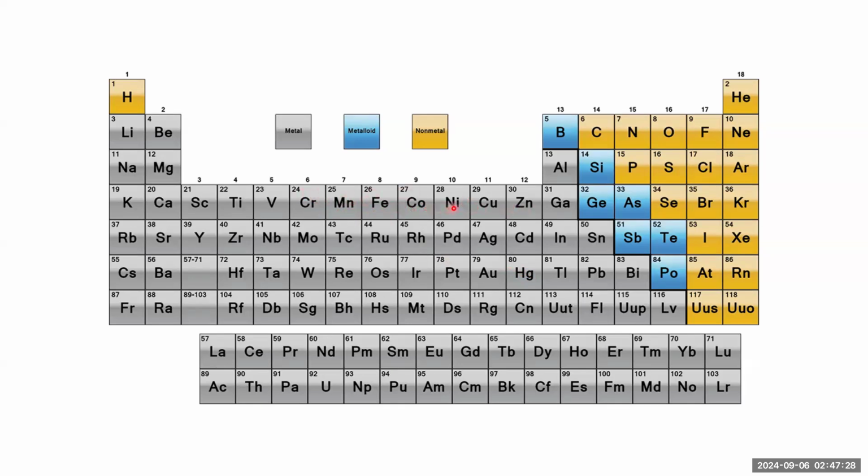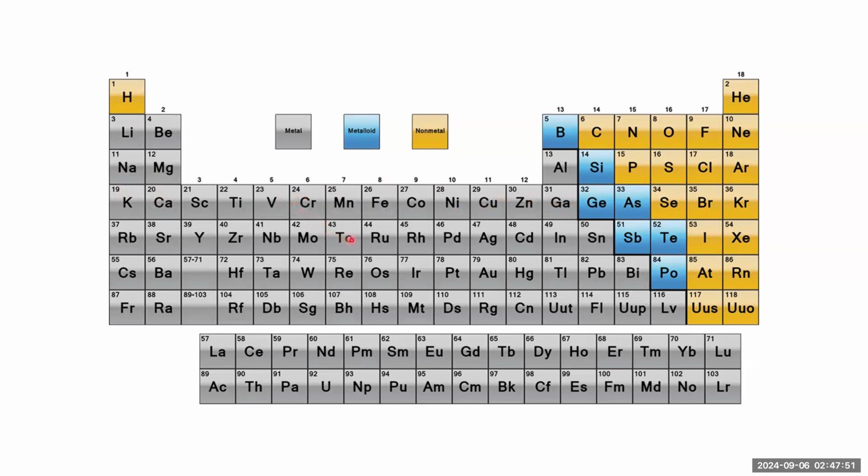We tend to find more of our metals that are useful to us organisms in this sort of top row of the transition metals here in the middle, and these sort of lighter metals in these first two families of the periodic table. So these metals tend to be useful across the top here.